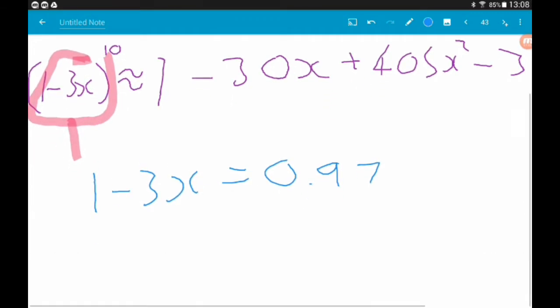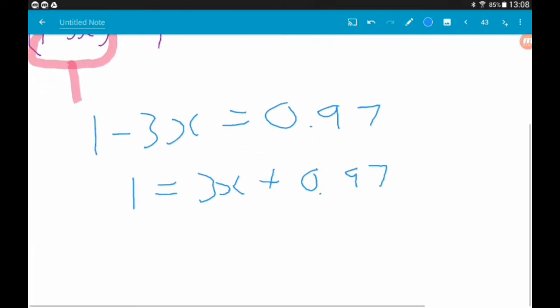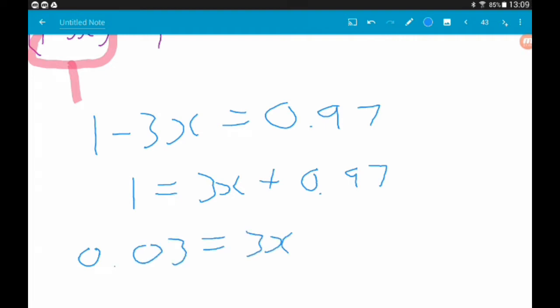So, if we add 3x, we get 1 equals 3x plus 0.97, take away 0.97, 0.03 is equal to 3x.